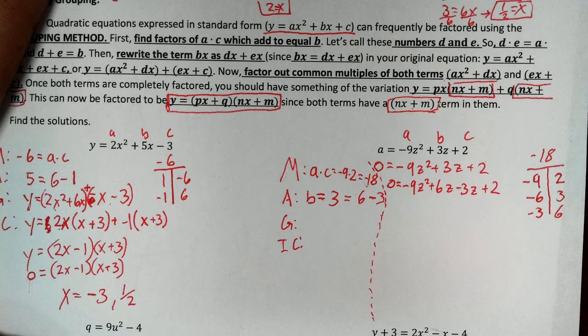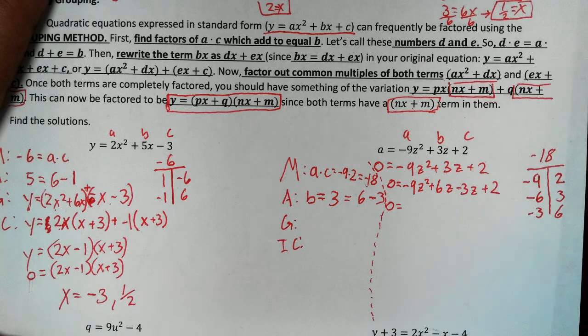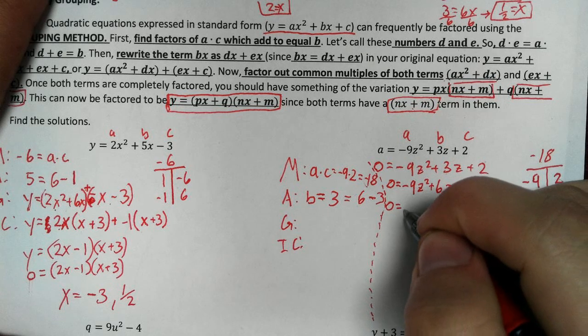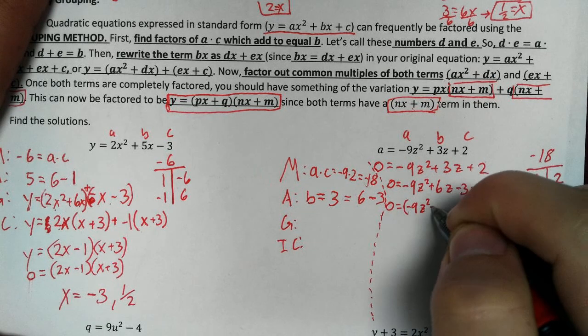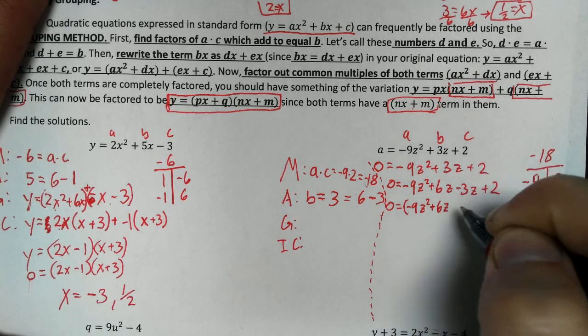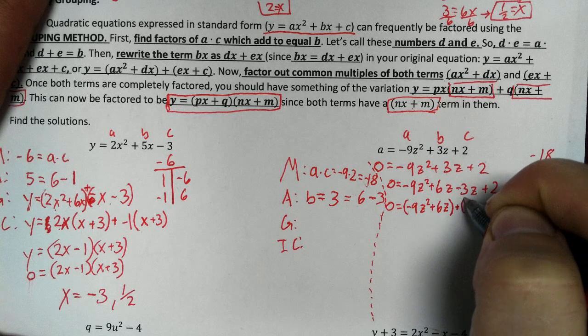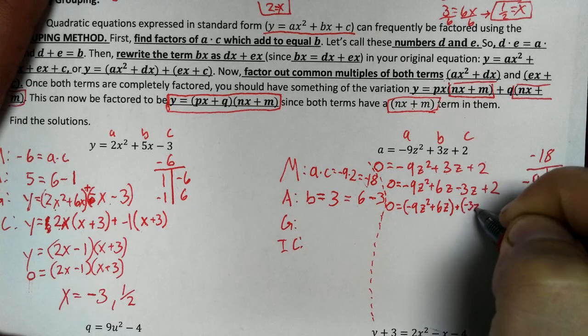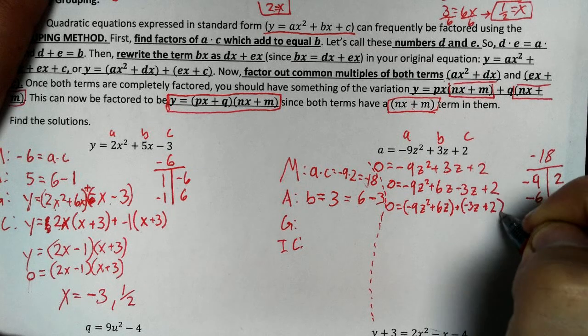Okay? Now I'm going to look for the factors of either of these. So I'm going to look for factors in negative 9z squared plus 6z, and then plus a negative 3z plus 2.